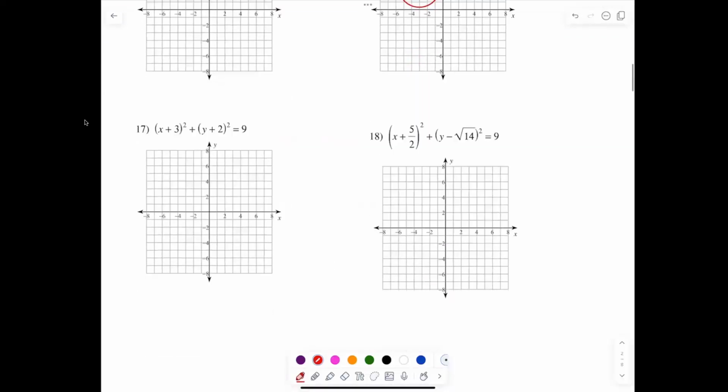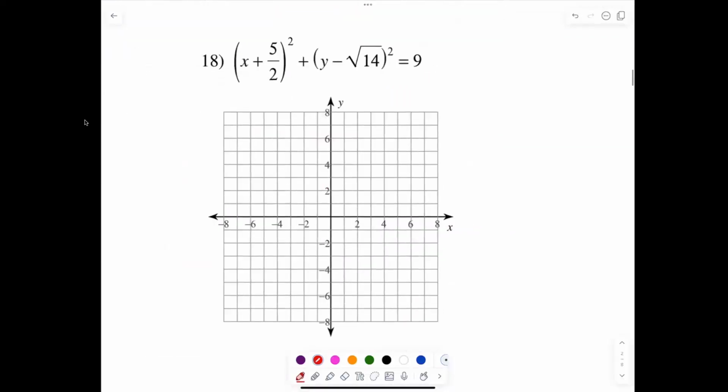All right, now number 18 is kind of annoying. The center is what? -2.5, and then the y value is a little bit less than 4.